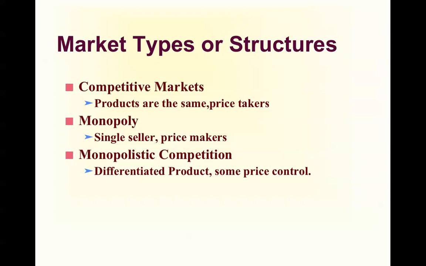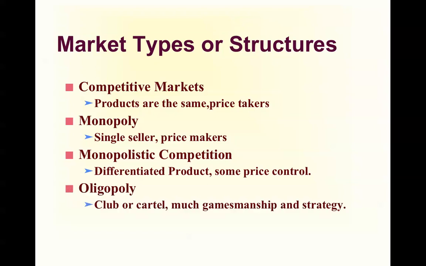Given that the consumer wants my brand of the product, I can then charge a higher price for that. Finally, there is something known as oligopoly, and an oligopoly is a club or cartel. There is much gamesmanship and strategy. This is generally a few firms that try to act like a monopoly.